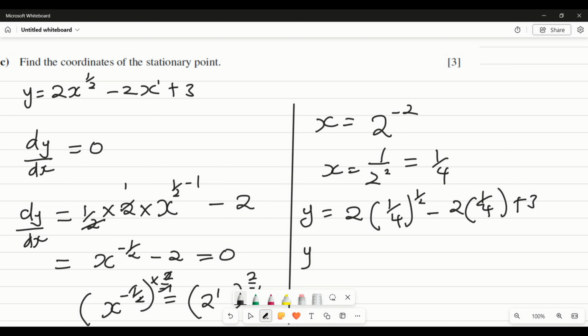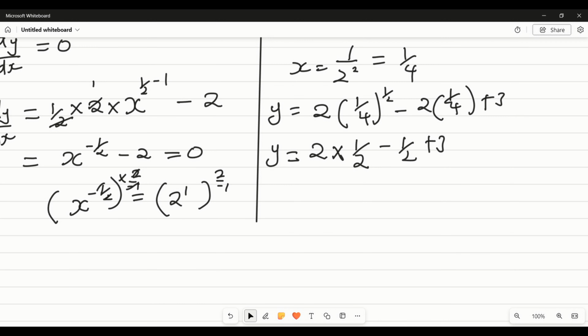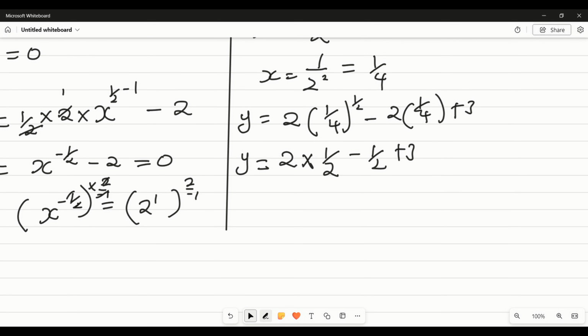So 2 times a quarter to the power of a half is the same as the square root of a quarter, which is a half, then minus a half, and then plus 3. This one cancels, so we are getting 1. So we're going to have 1 minus a half plus 3. So the value of y becomes 3.5.